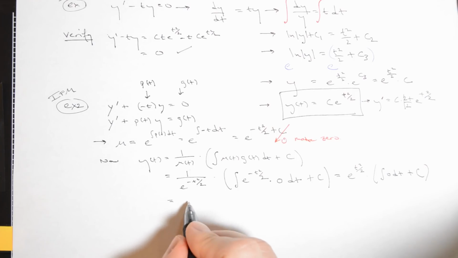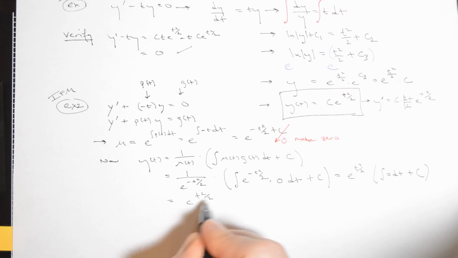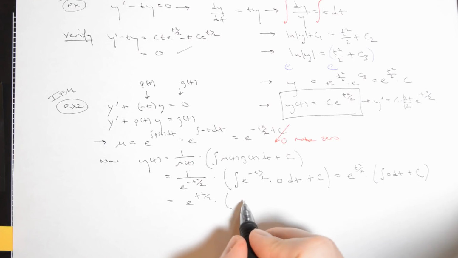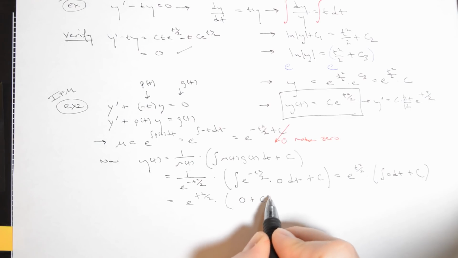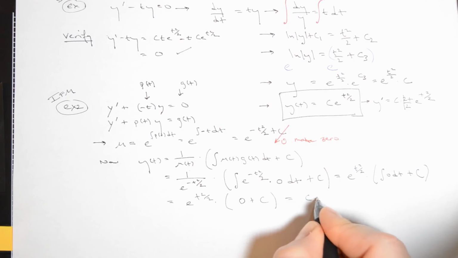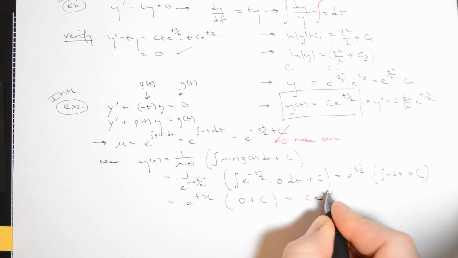So we have e to the t squared over 2 times 0 plus c. Then this is just c e to the t squared over 2. You could think this is 0t plus another constant plus c. Either way, this is just going to be plus a constant. So c e to the t squared over 2.